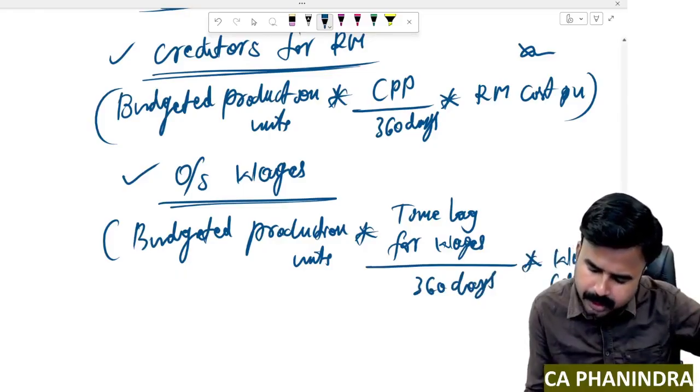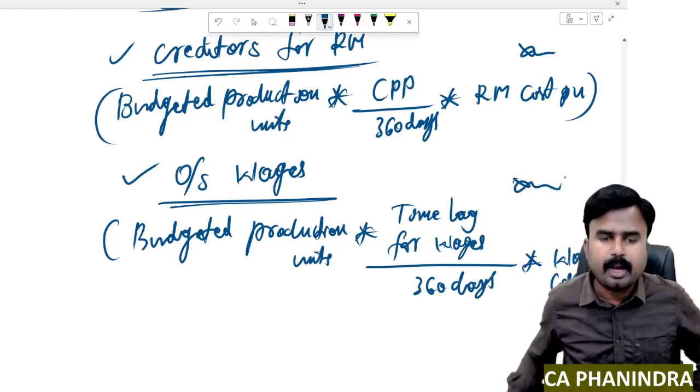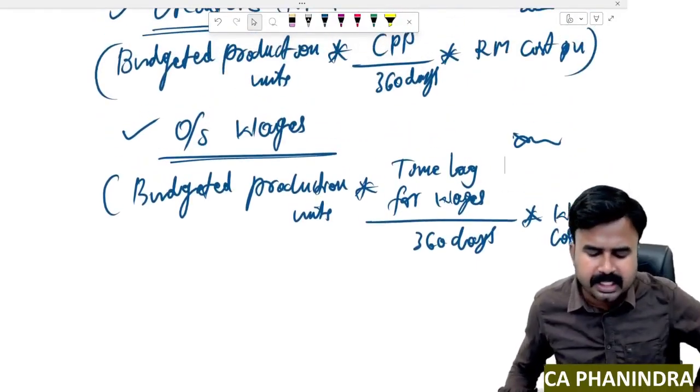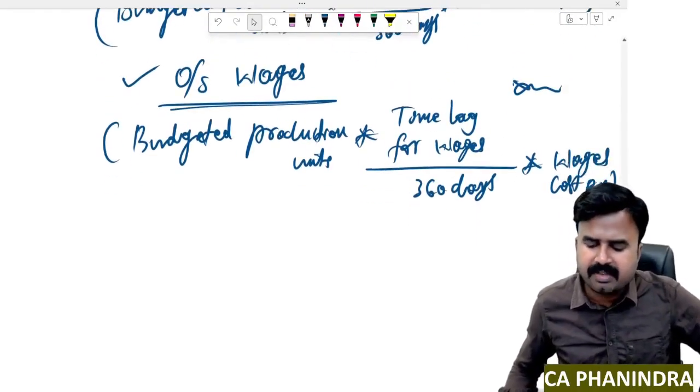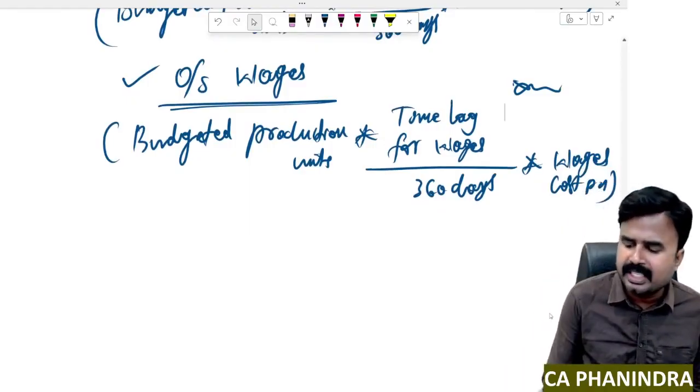This is my outstanding wages cost. So how to calculate this? Budgeted production units into time lag for wages divided by 360 days into wages cost per unit.